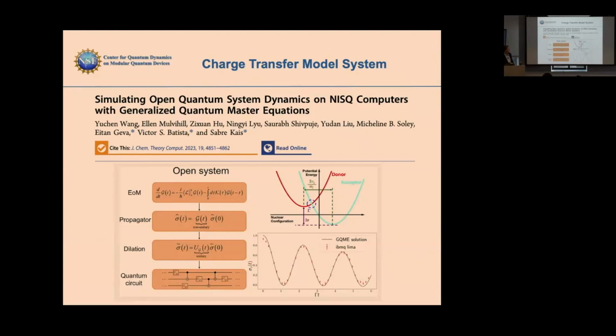And with that quantum circuit, and with one of the IBM quantum computers, we demonstrated that we can simulate the dynamics of this generalized quantum master equation in good agreement with the tensor train simulation.